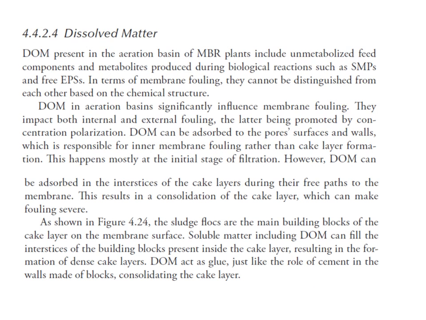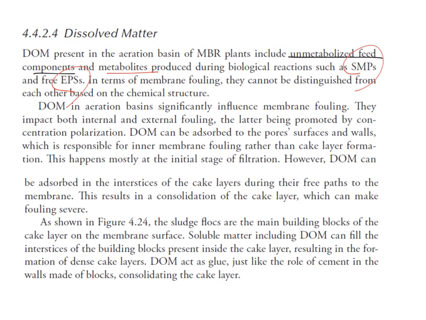Dissolved matters are another foulant that we have to consider in MBR system. Dissolved matters include unmetabolized feed components and metabolites produced during biological reactions. So these metabolites include SMP and EPS.